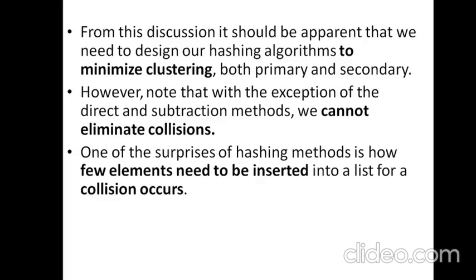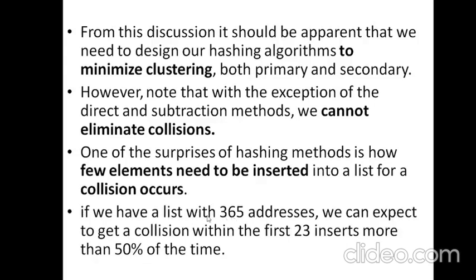It doesn't require the entire list, or most of the list, to be full. If you have a list with 365 addresses, it only requires 23 elements to be inserted to experience a 50% chance of collisions occurring.